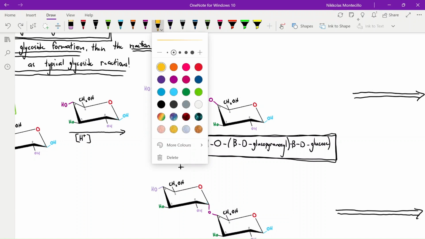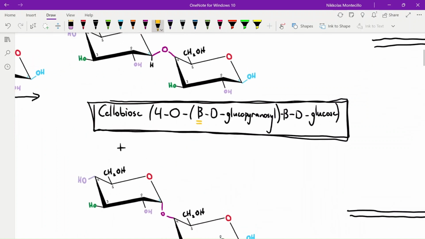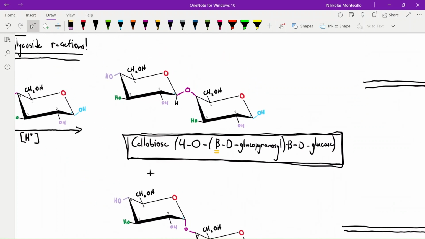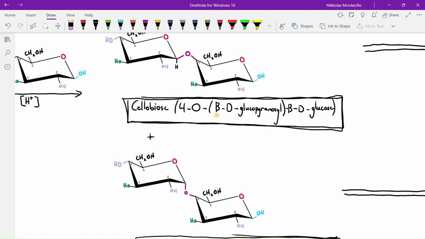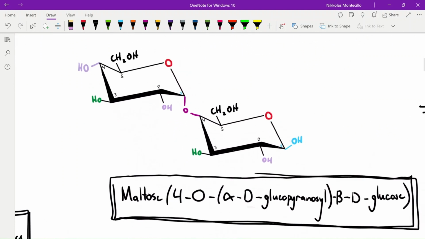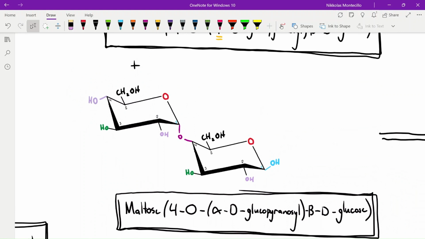So keep this in mind, beta D-glucopyranosyl, which just refers to the first monosaccharide of a disaccharide. Now, if we take a look at maltose, you can see that maltose's IUPAC name is 4-O-alpha D-glucopyranosyl beta D-glucose.